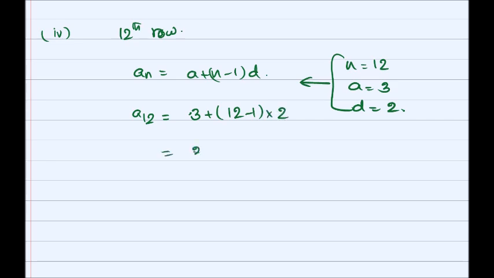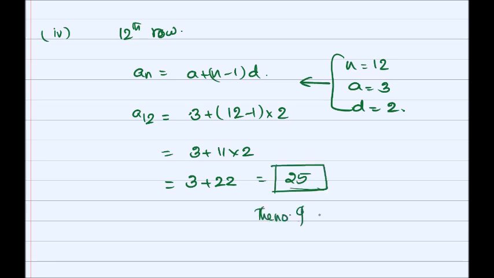That is 3 plus 11 into 2, that is equal to 3 plus 22 is equal to 25. Hence the number of candies in the 12th row is 25. This is the answer of the fourth question.